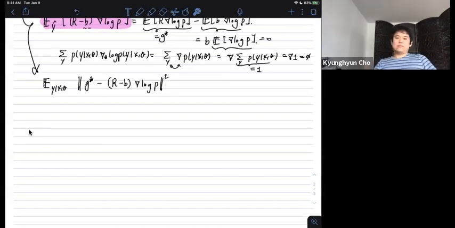So what does it tell me? It tells me that by sampling one y and then computing this gradient of the log probability of that y weighted by the reward, how much difference on average do I expect to see from the true gradient, that is G star?